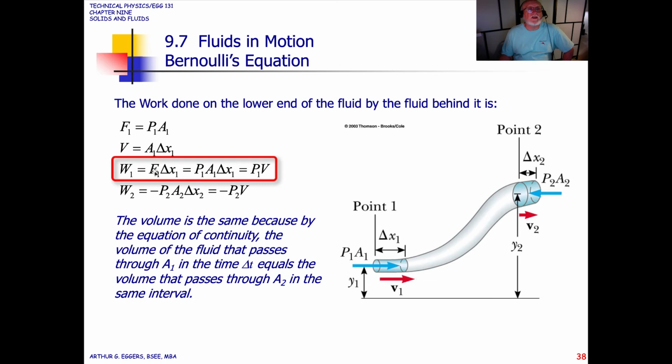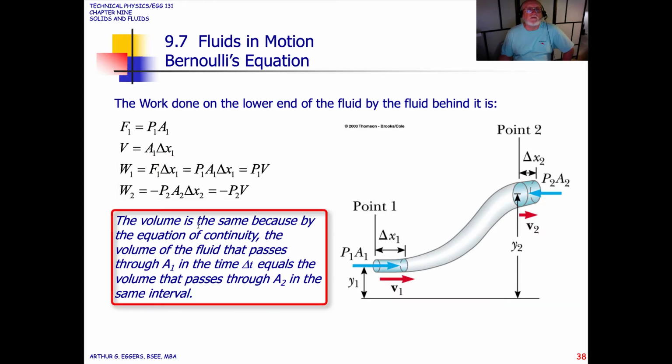Work 1 then is equal to force 1 times delta x1, that's our work equation just like we saw before, force times distance, which is equal to the pressure times the cross-sectional area times the distance. And then if we take the cross-sectional area and the distance, we get volume. So if we recombine those, same thing applies with work 2 at the exit.